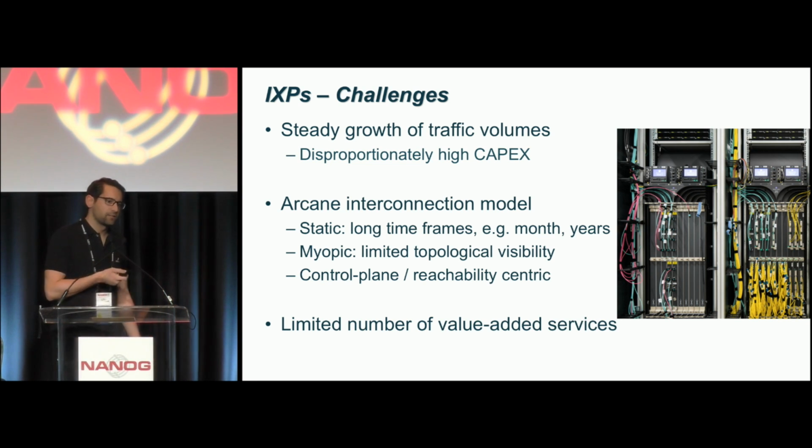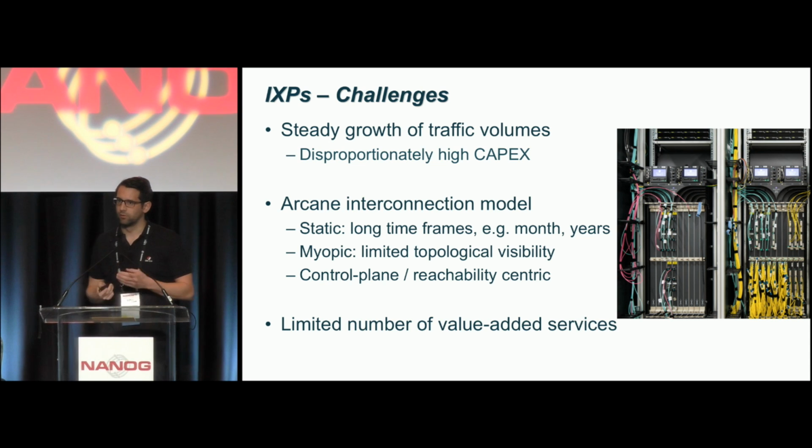And in the case of DE-CIX, a simple switch doesn't do the trick. We need multiple boxes, and usually we need top-of-the-shelf boxes. This is disproportionately high capex, so it's quite expensive for us. So we need to think about whether we can find new ways to interconnect customers, or come up with an architecture for the interconnection of our platform, which reduces the costs.